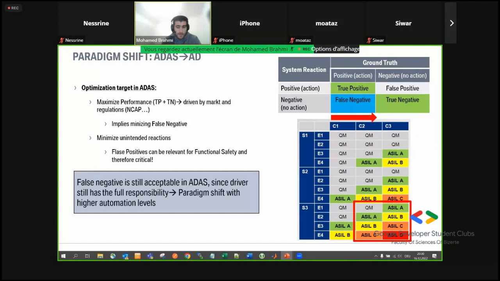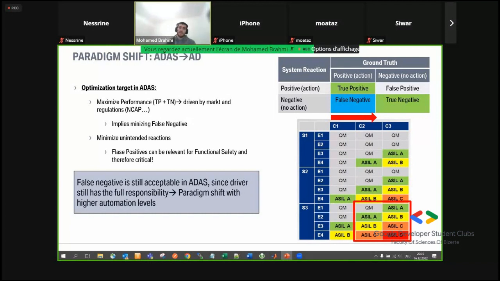If we really have a dangerous situation and the system does not recognize an object in front of us for some reason, for sensor limitation or performance issues, there we are talking about a false negative. That means we expect the system to do something, but it did not because it did not detect that object.